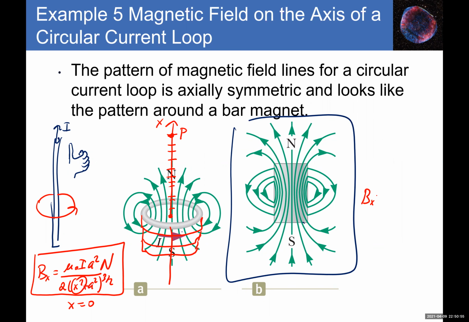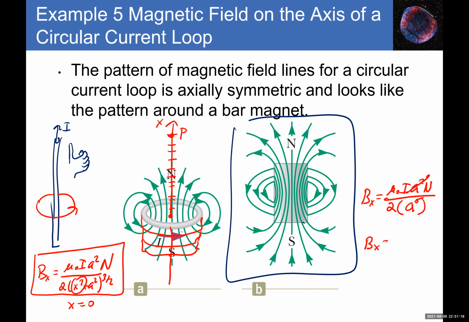So let's calculate that. The x component equals mu naught I a squared times N divided by 2 times, well, if x squared is 0, then this becomes a squared to the power of 3/2, which gives you a cubed. So this goes away with that.